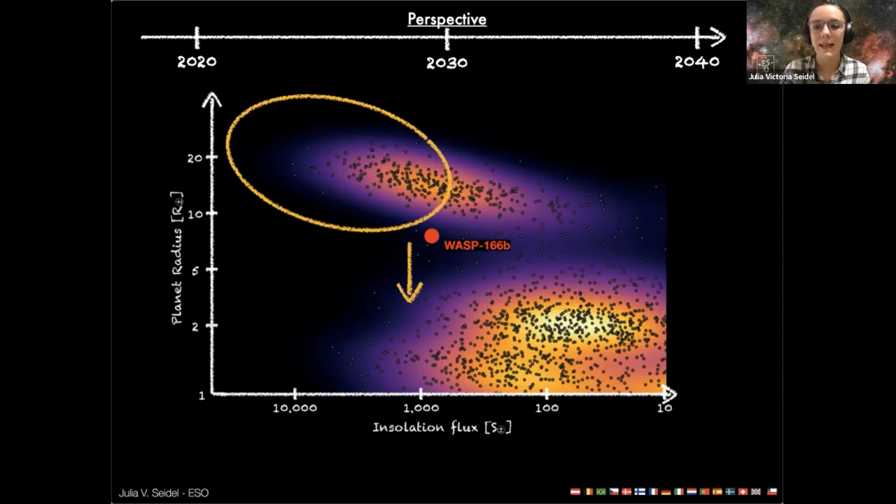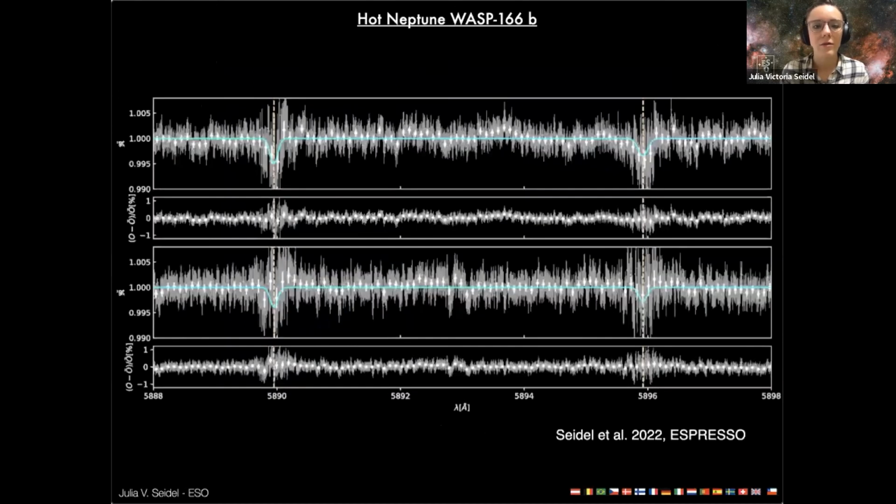So I recently had a look at WASP 166b. In 2020, I already studied this planet with HARPS, and now we looked at it again with ESPRESSO, and again we found sodium, which is interesting because it means that this planet has an atmosphere, it has sodium, and when we get a little bit more data, we can start to study its atmospheric dynamics and learn something about what makes the Neptune Desert really tick.